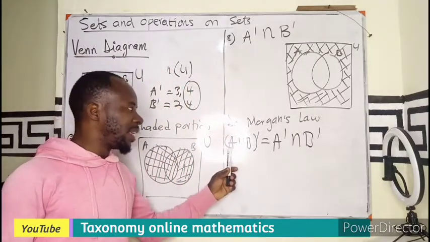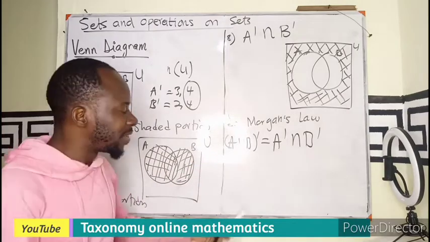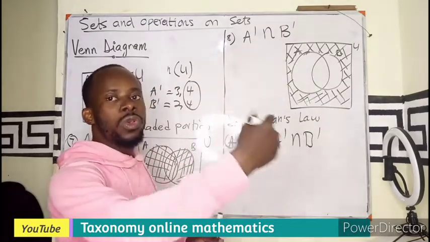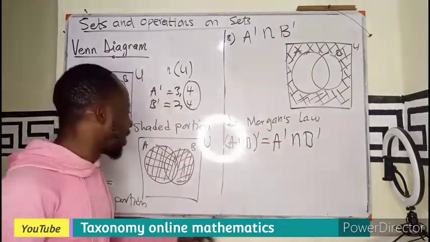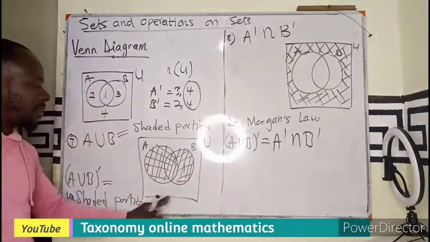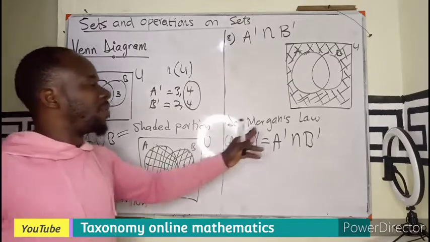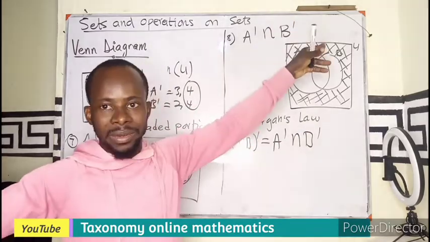It says that the complement of the union is the same as the intersection of the complements of the two sets, as we have demonstrated here, that the union of this, which is the unshaded part, is the same as the shaded part here, which is the complement intersection.